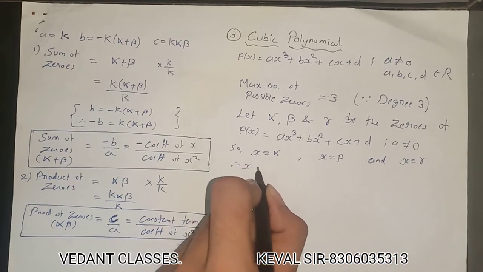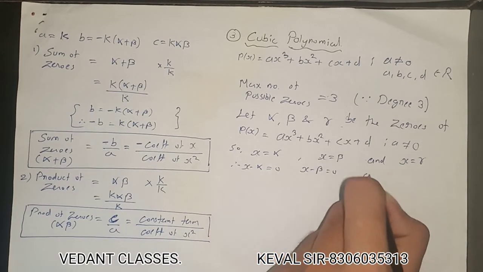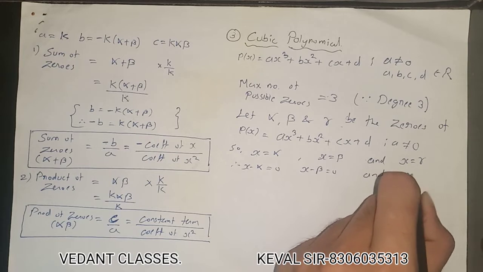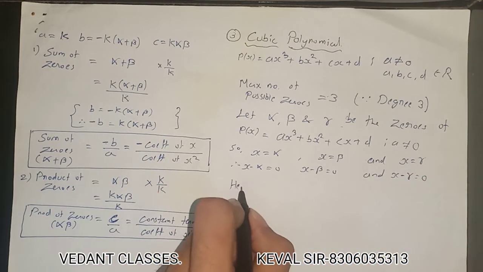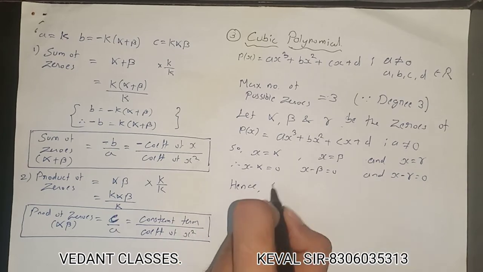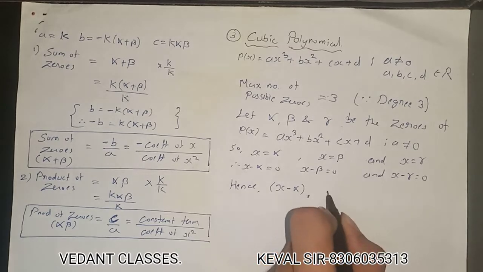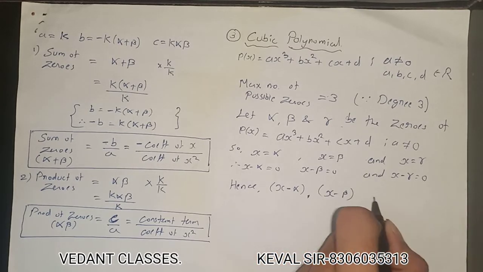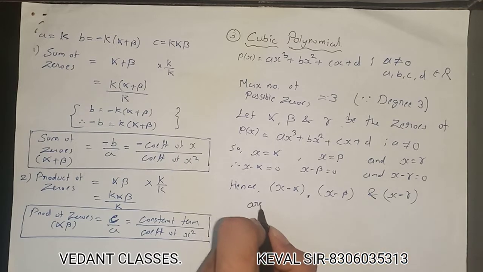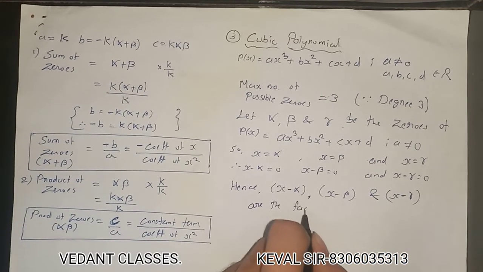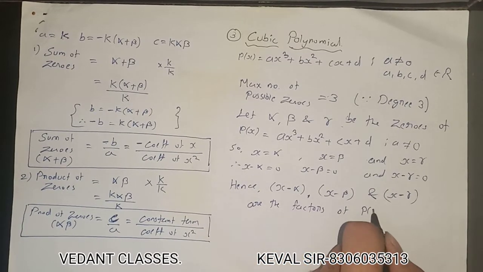So therefore x minus alpha will be equal to 0, x minus beta will be equal to 0, and x minus gamma will be equal to 0. So hence you can write x minus alpha, x minus beta and x minus gamma are the factors of p of x.